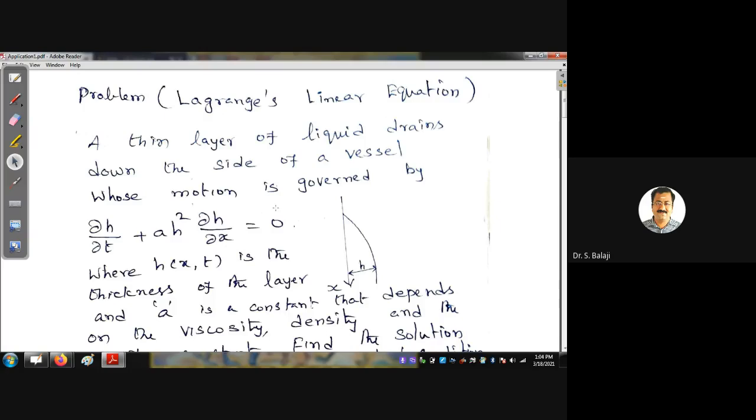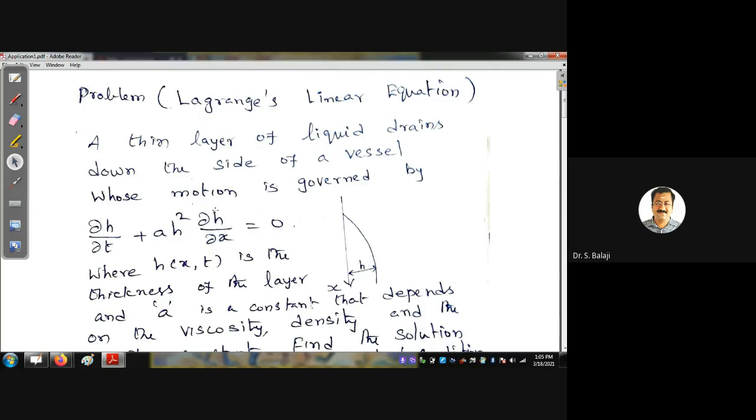Here h depends on both the distance it falls and the time duration, therefore it depends on x and t.